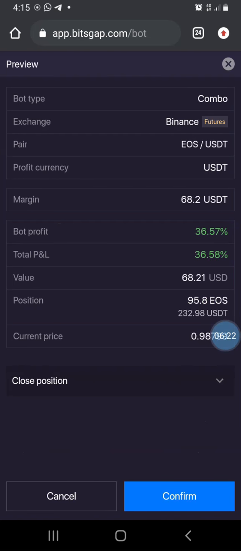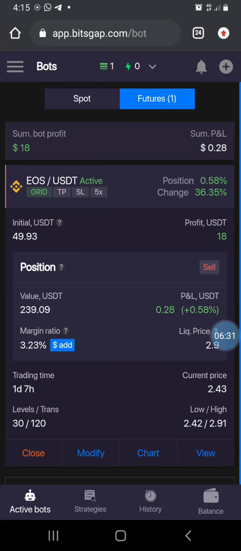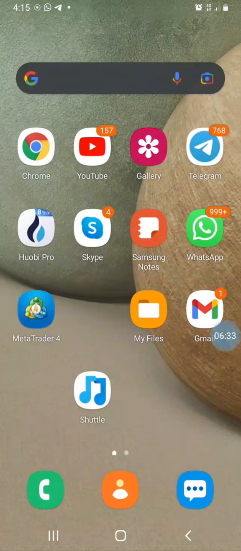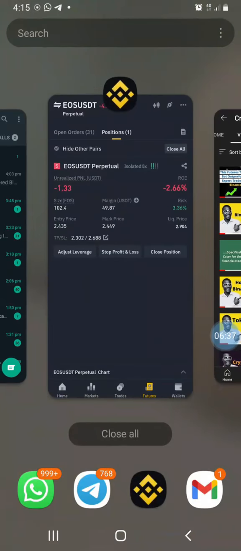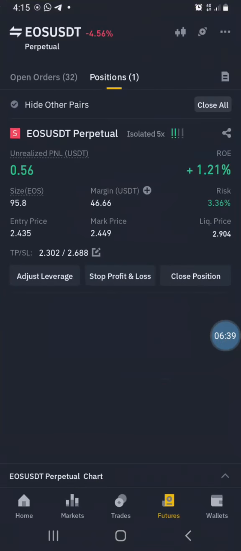So if I try to close this now, I'll be closing with $68.3 as profits. All right, now let me go back to the exchange. There's something I want to show you also in the exchange. Where is Binance? Okay, this is the trade on the exchange.